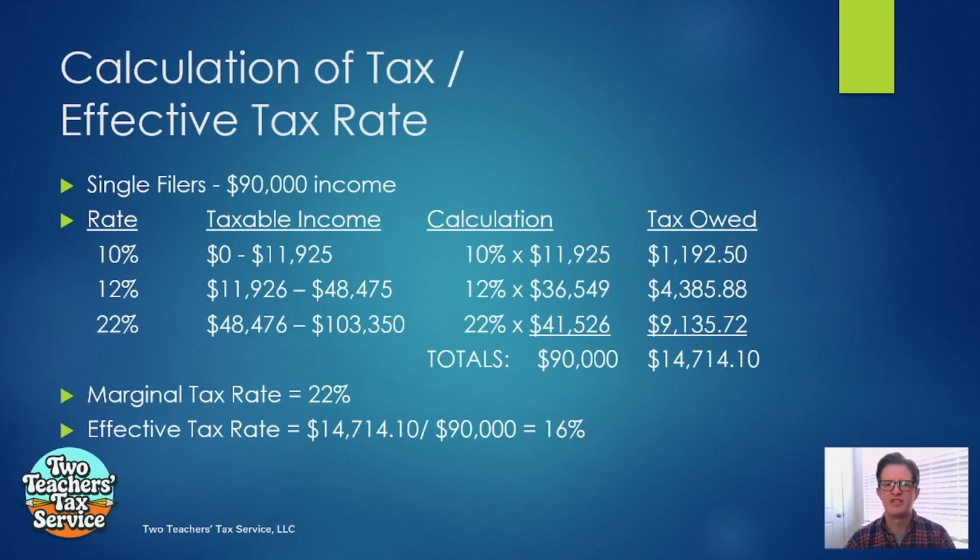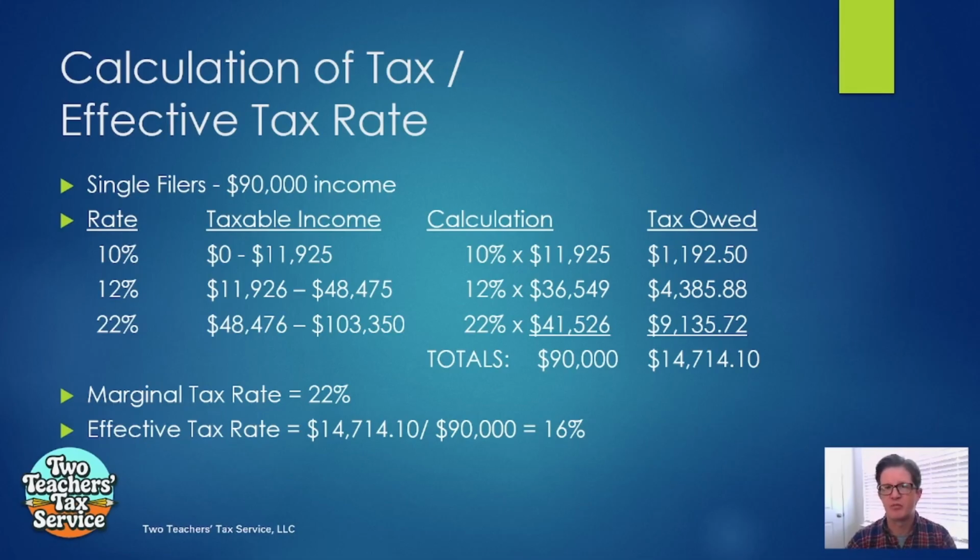So the calculation of the effective tax rate for the single filer with $90,000 of income. In the 10% bracket, they have income of 0 to $11,925. The calculation is 10% of $11,925 for a tax owed of $1,192.50.